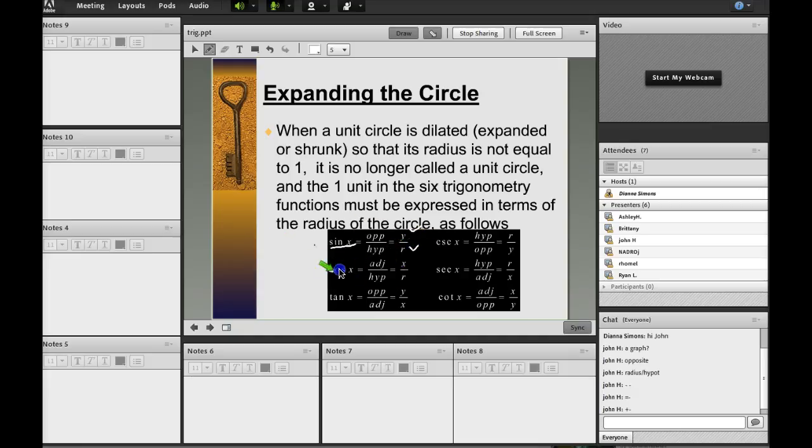Okay, so the cosine is always adjacent over the hypotenuse, so that's x over r. Tangent is opposite over adjacent. And again, these over here, I can't remember, but I don't think we talk about them. Okay? So these are the ones you have to remember. And it's kind of important.